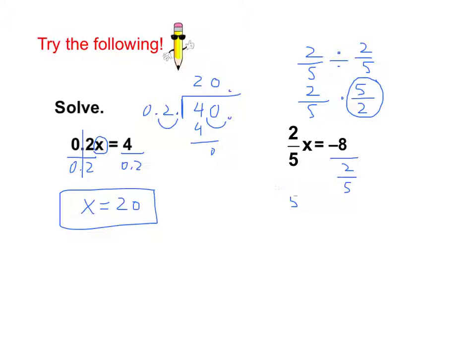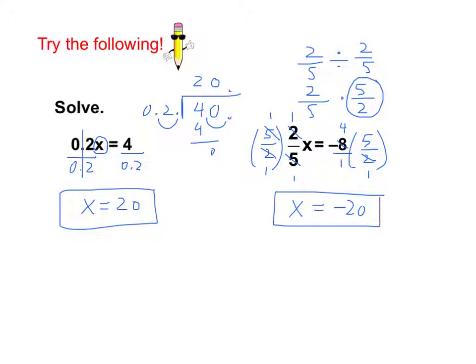So instead of writing it like this, I'm going to write it the following way, which is to multiply by 5 over 2. So now 5 and 5 cross-reduce to be 1s, 2 and 2 cross-reduce to be 1, so I'm left with 1x. I'll put this over 1, I could cross-reduce the 2 and the 8 to be 4 and 1, so negative 4 times 5 is negative 20. I'm all done. So a little bit trickier here. Dividing by 2/5 is really the same as multiplying by 5 over 2.